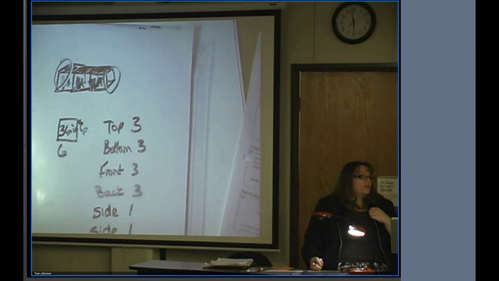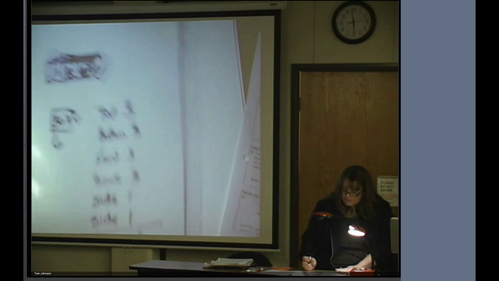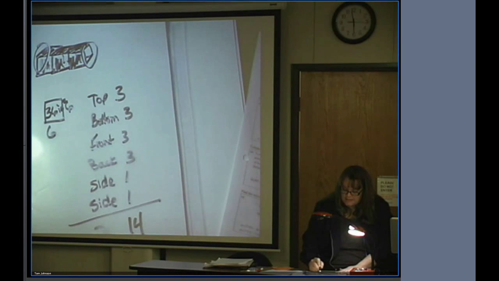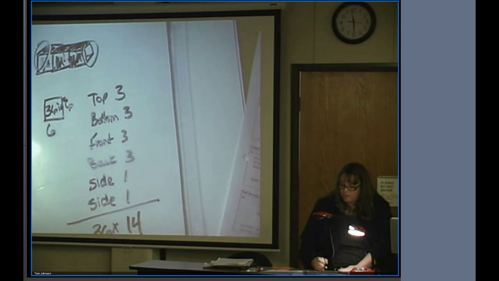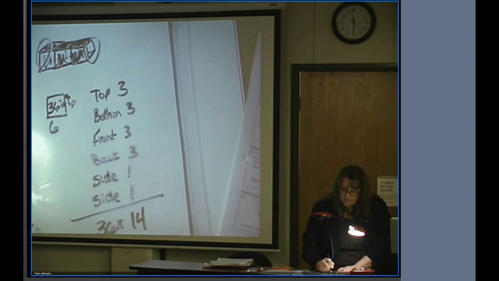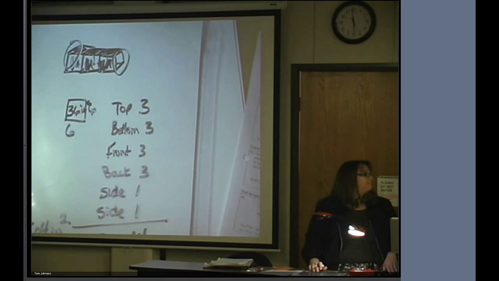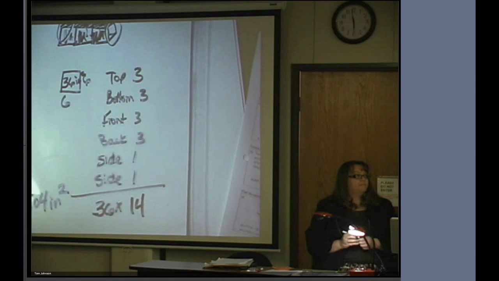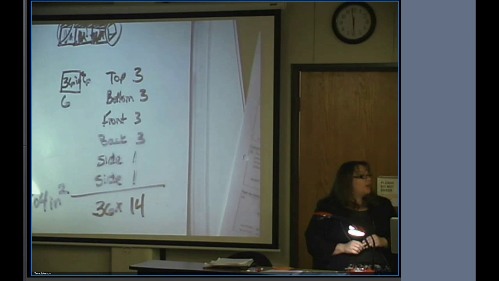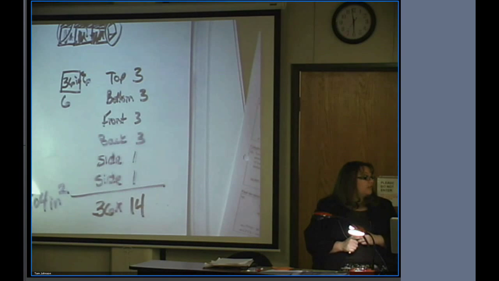And what was the squared units of each face? 6 times 6, or 36. So I've got 36 times 14, which should be 504 inches squared. Okay? So sometimes a picture does help for you to get a visual so that you can see exactly what it is that you're dealing with.